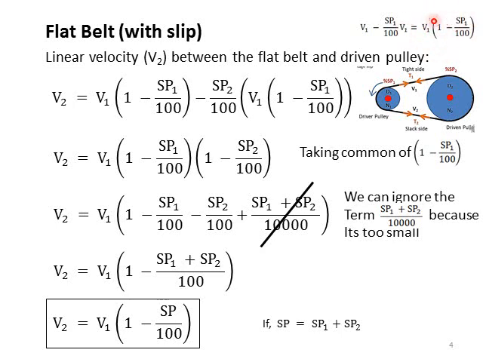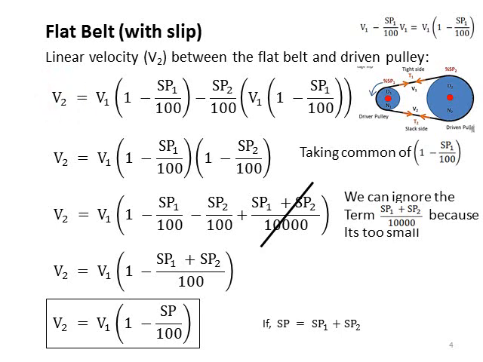Here it is from the previous slide, with just taking this term here minus SP2 or slip 2 by 100, which is the slip 2 percent, into the velocity that is coming from the driver pulley. I will repeat it again.